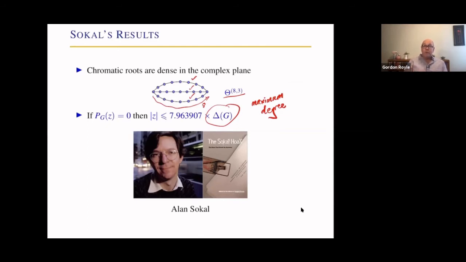And the second one showed that the location of the chromatic roots is bounded by some function of the maximum degree. In fact, the function is some number, 7.96 and so on, times the maximum degree. Various other authors have reduced this number to something smaller, but it's still nowhere near what the truth is.